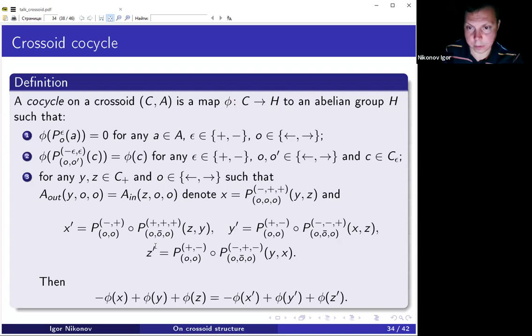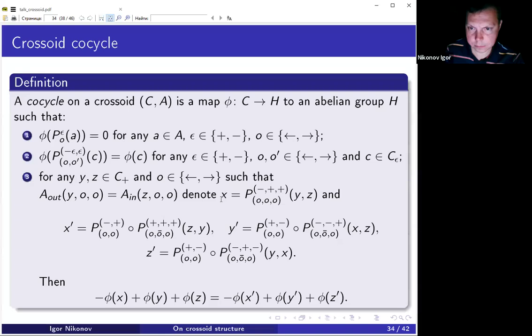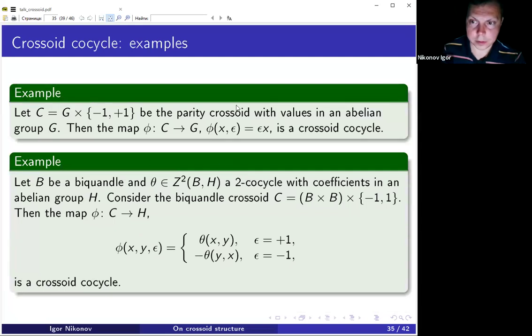If these relations are satisfied, then we may define the cocycle invariant. For example, if we have the parity crossoid, then the map which is just the product of a group element and the sign of the crossing is a crossoid cocycle. And for the biquandle crossoid, any biquandle cocycle induces a cocycle of the crossoid.